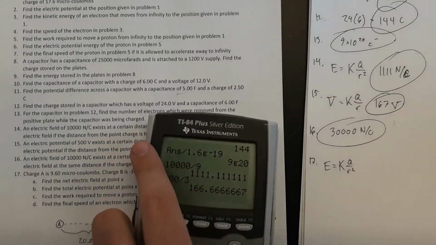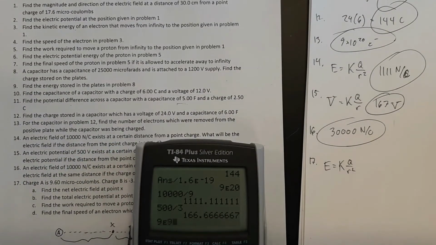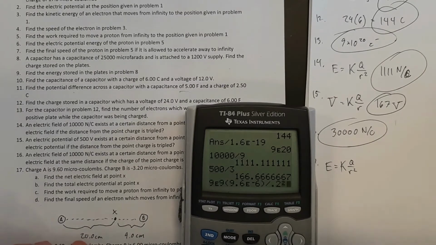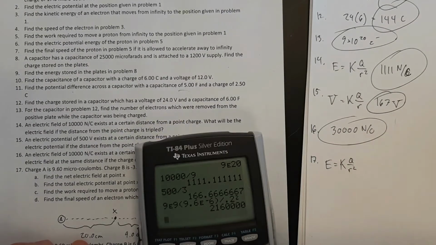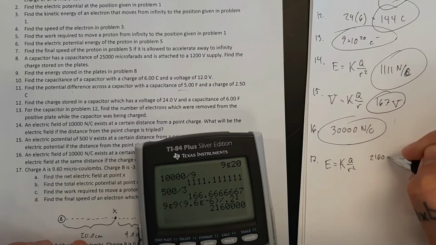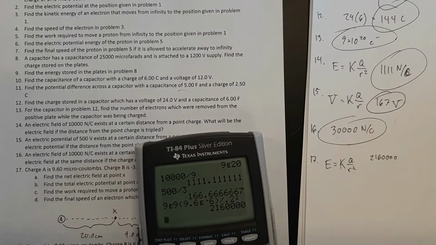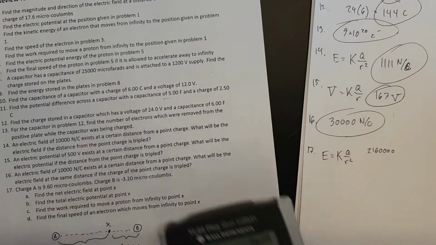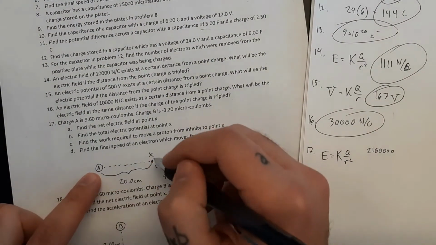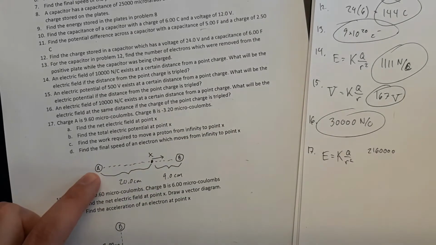For our first one, we've got 9 times 10 to the 9th, Q of 9.6 times 10 to the negative 6th, and a radius of 0.2 meters squared. So there's A, and it's a positive number, which means that this field is repelling away from A. It's pointing in that direction.